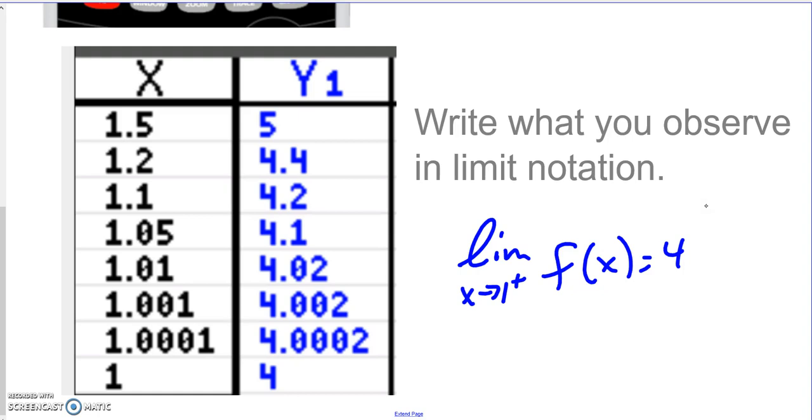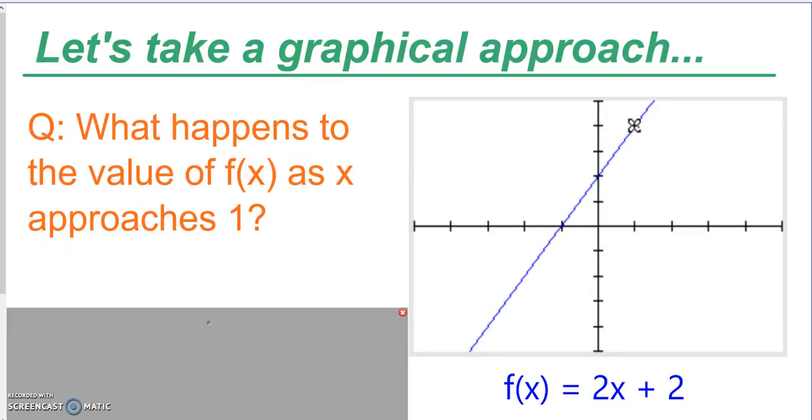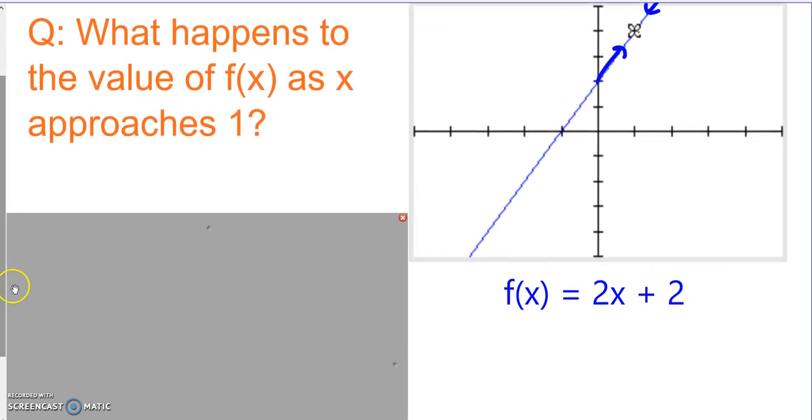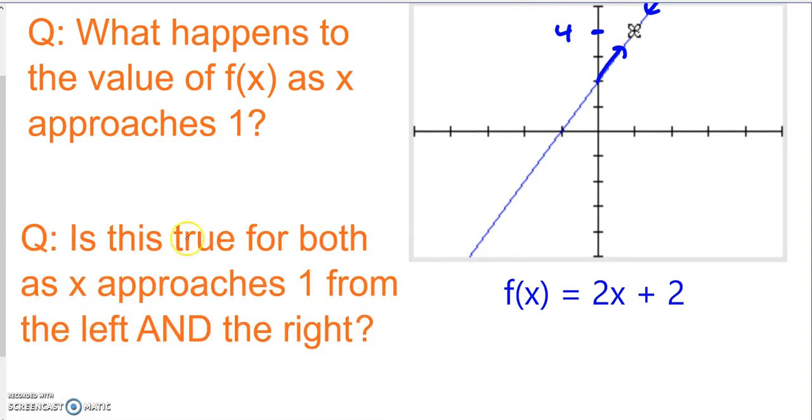Okay. If you already looked at the graph of that, it should look like this. What is happening as it's approaching 1? Here's our value of 1. What is it doing as it's approaching from both sides? What is our limit going to be? Hopefully you see that it's getting closer and closer to this height of 4. That is the definition of our limit.